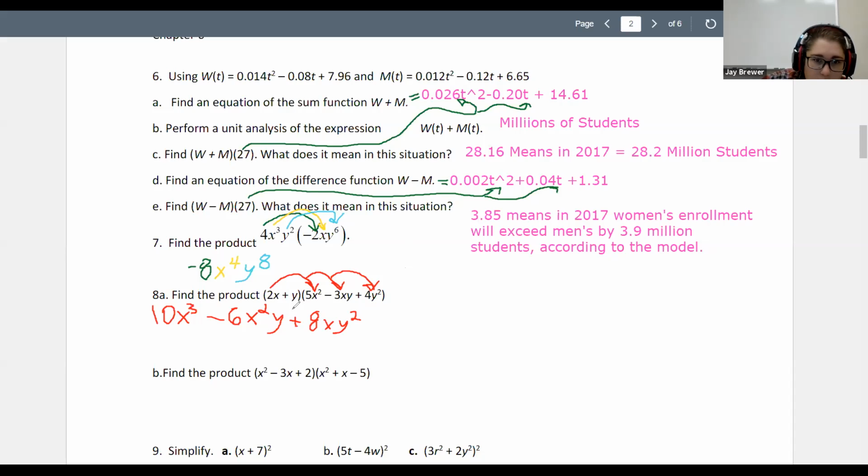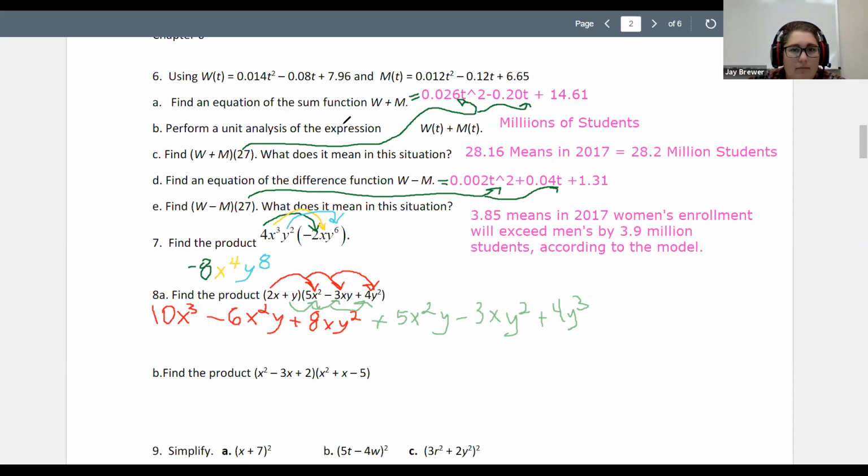Then we're going to take y and distribute it across. So we're going to get plus 5x squared y minus 3xy squared, and then plus 4y cubed. All right, do you think you have anything you can combine?